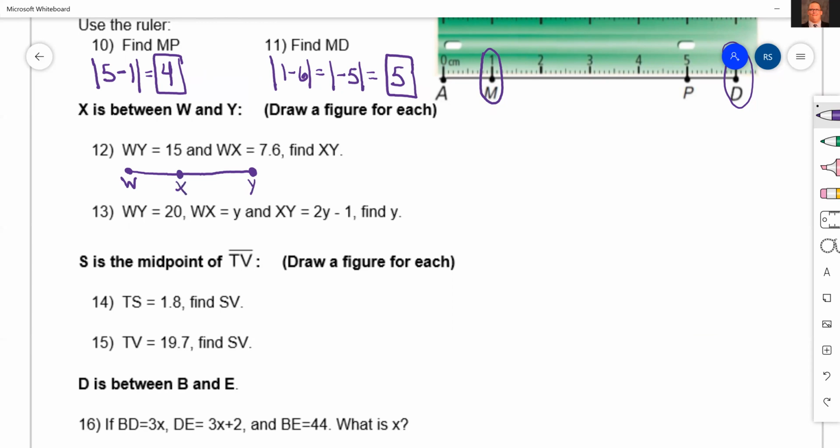May not be the exact middle, but it's somewhere. WY, the whole thing is 15. WX is 7.6. How can I find this remaining amount?